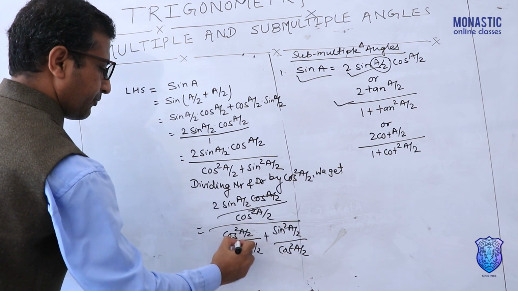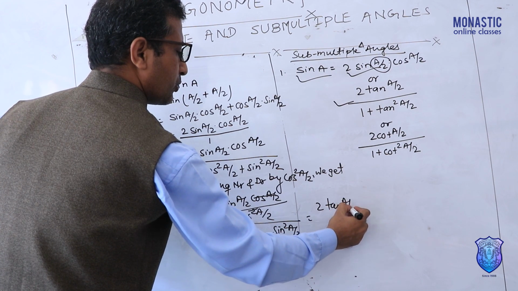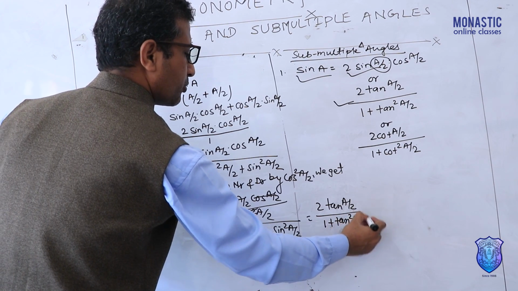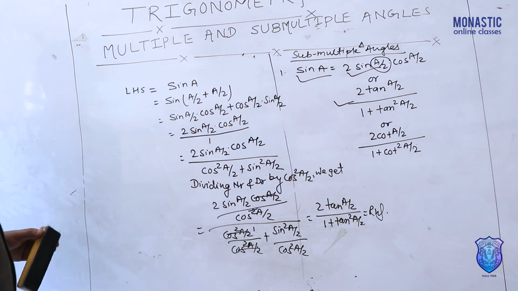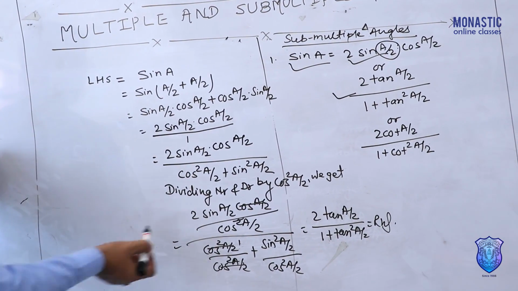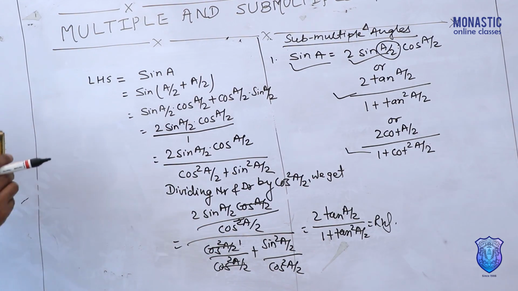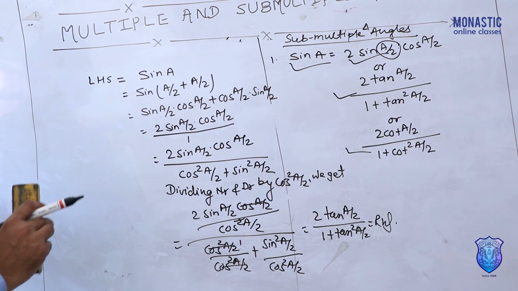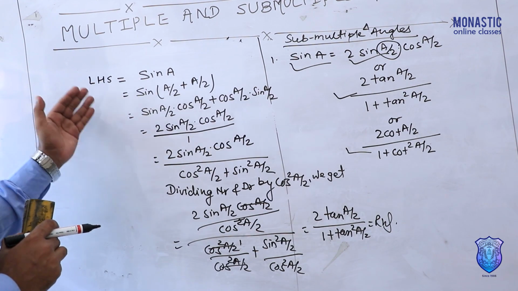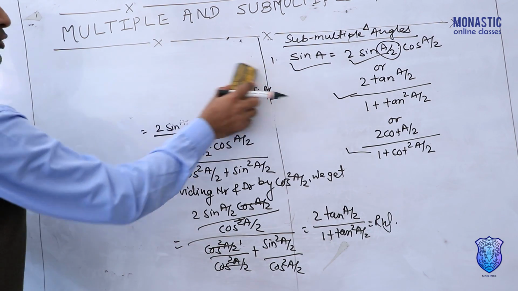Simplify, and you get the final result 2 tan A by 2 by 1 plus tan square A by 2. Same way, the only change is dividing by sine square A by 2, and you will get the third result. In this way, we have completed the multiple and submultiple formulas of sine 2A and sine A. If we remember the multiple formula, we can easily remember the submultiple formula also.